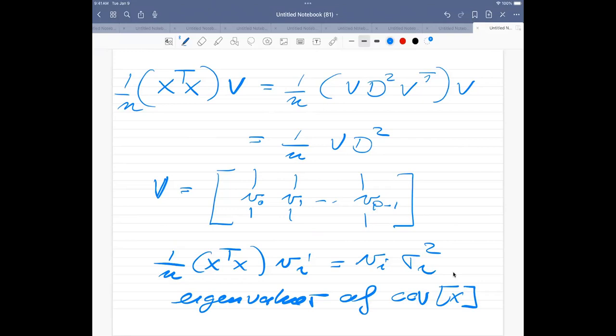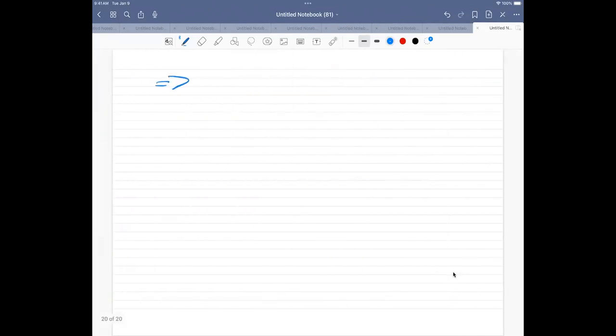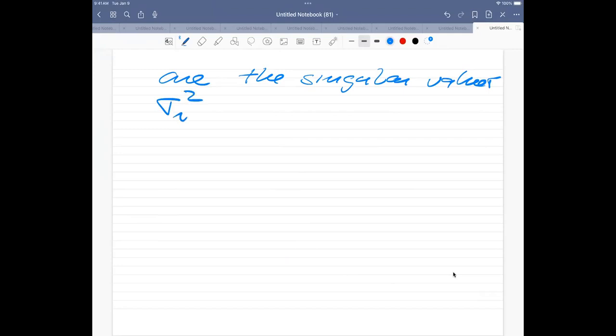So the eigenvalues of the covariance matrix are the singular values squared, sigma_i squared, with eigenvectors V_i. And this is an extremely powerful result.